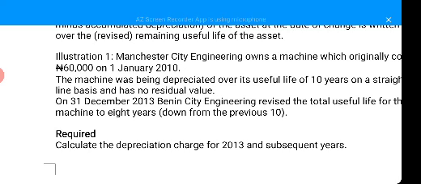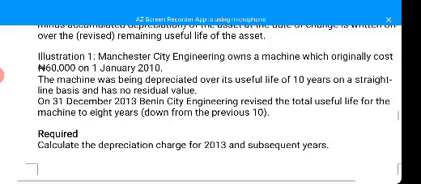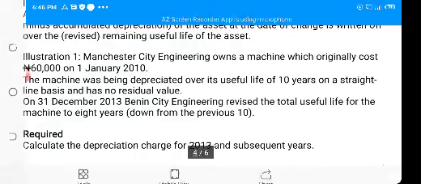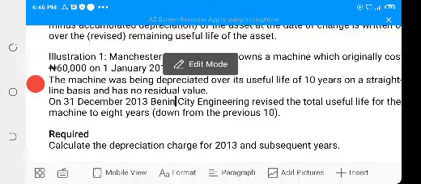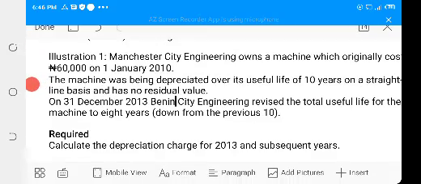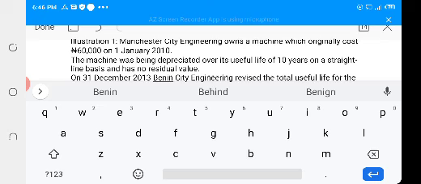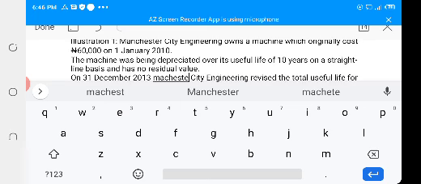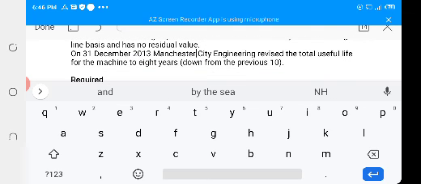On the 1st of December 2013, Manchester City Engineering revised the total useful life for the machine to 8 years.